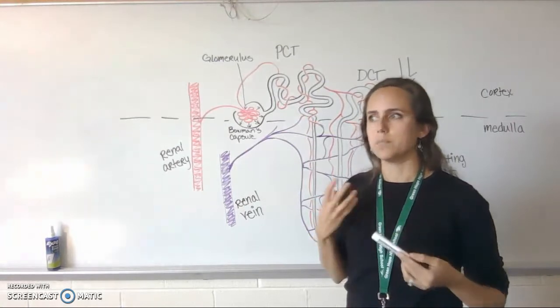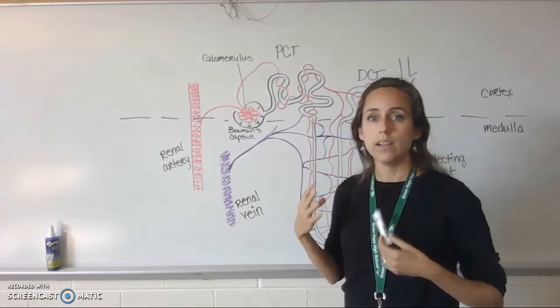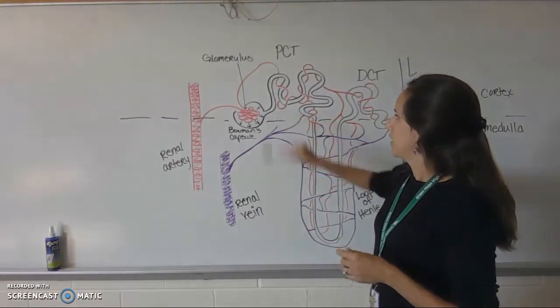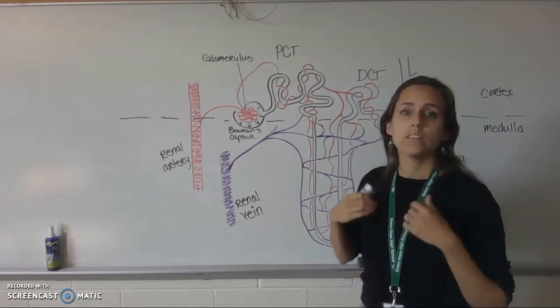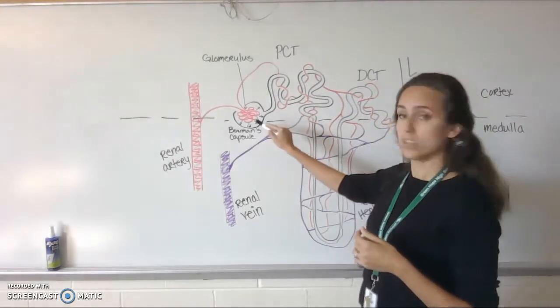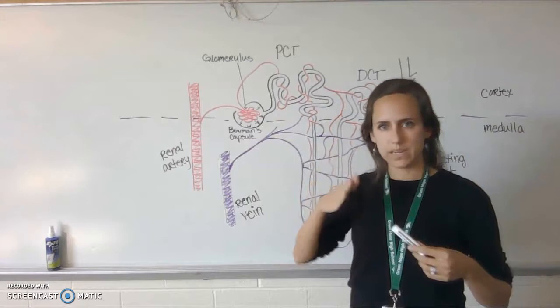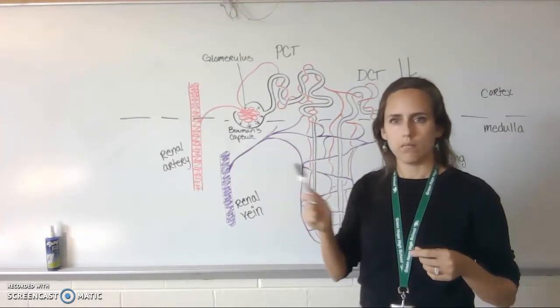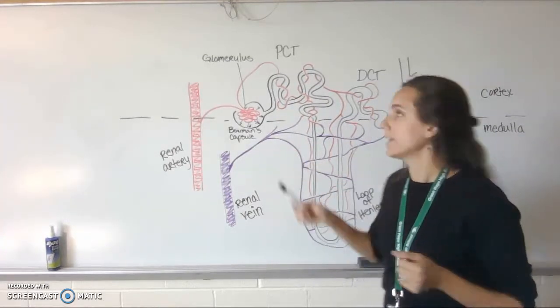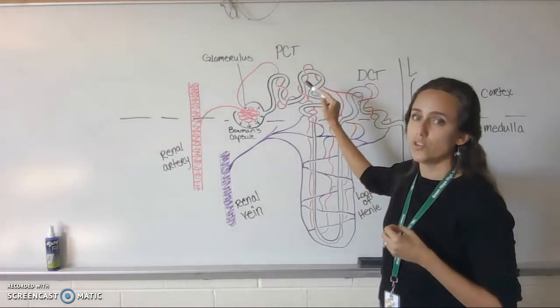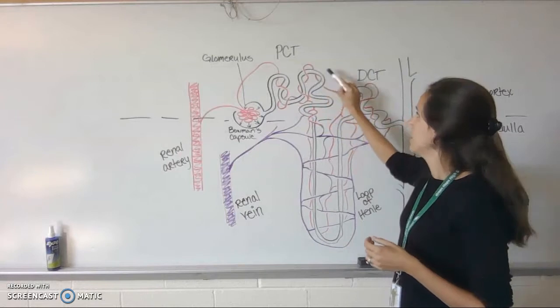Proximal is just talking about its location in relation to the Bowman's capsule. So it's closer to the Bowman's capsule, right? So it's proximal, and convoluted just means that it's twisting all around. So this is the PCT, the proximal convoluted tubule of the nephron.